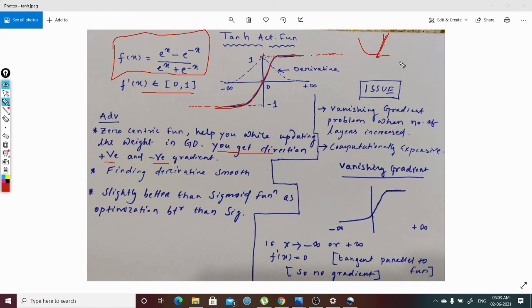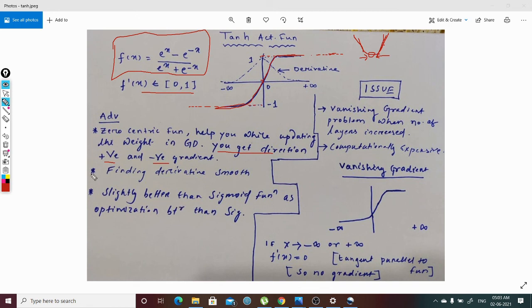If it is a highly negative tangent, you need to just increase the weight to go to the global minimum. So this direction helps us converge the weight to the global minimum.